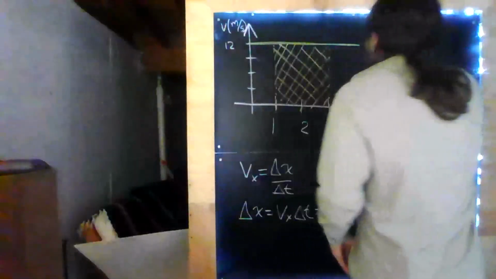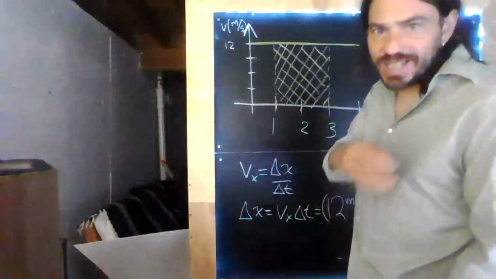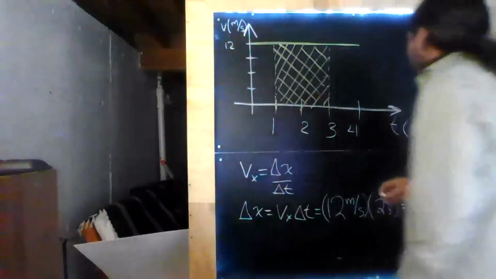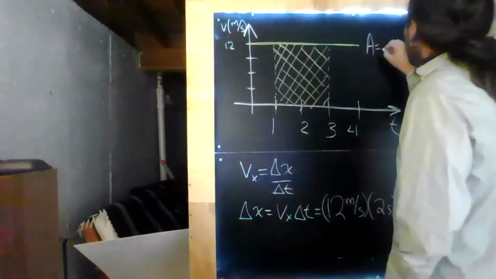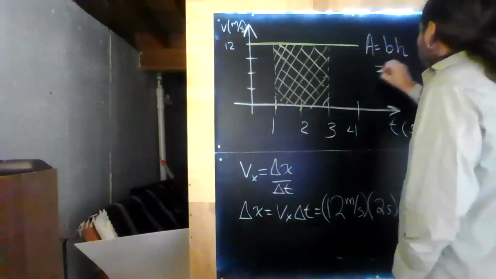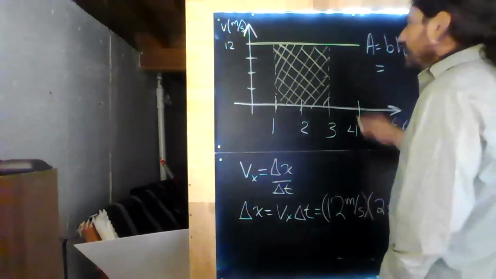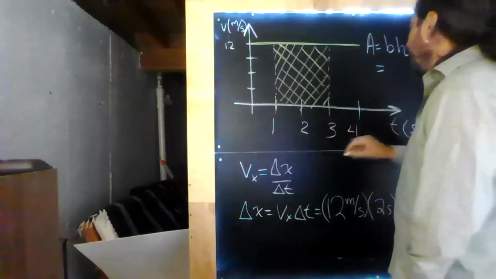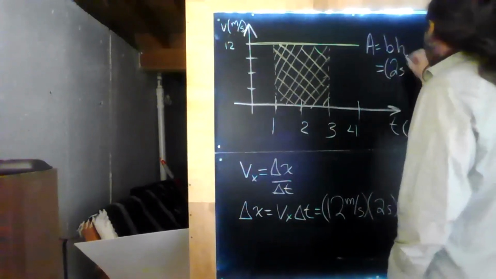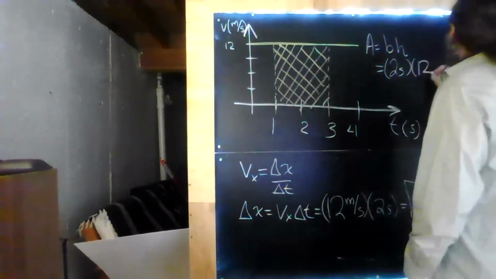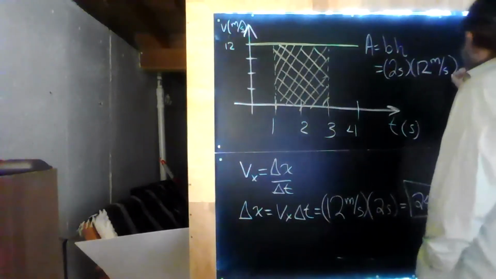Okay, area is base times height of a rectangle kind of an object, right? So area equals base times height, and so this has a base of 2 seconds, and it has a height of 12 meters per second.